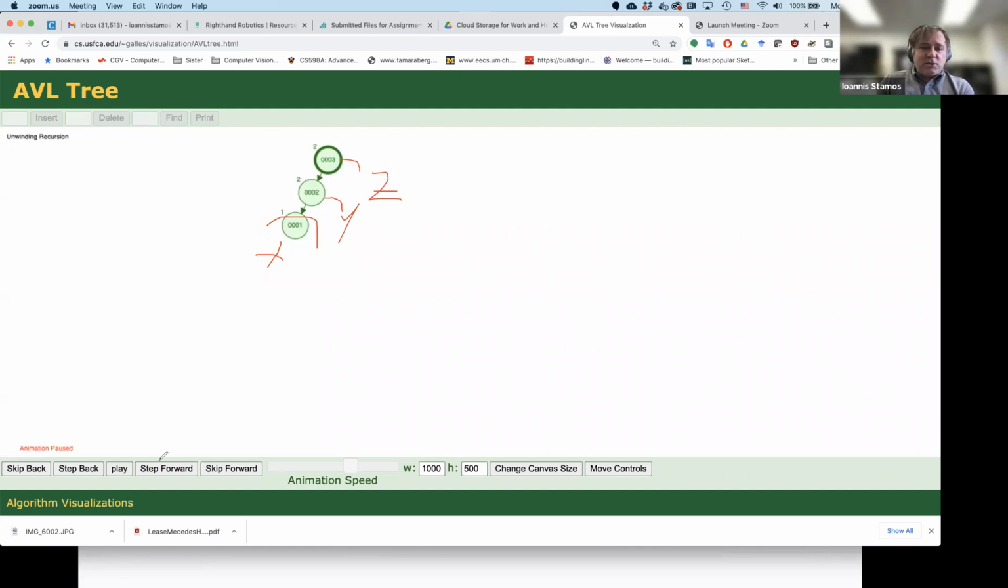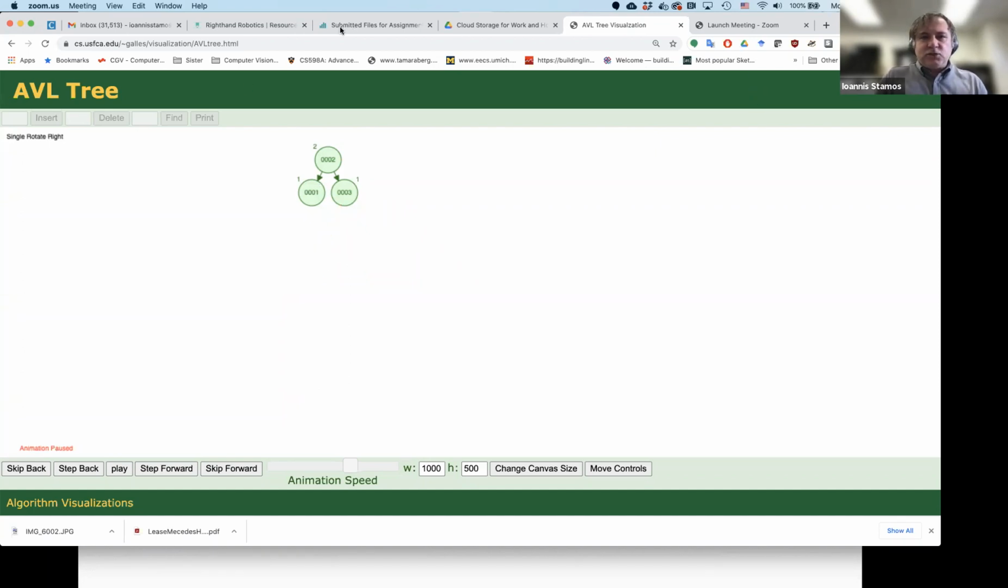So you do a single rotation the way we know how to do it. As you see here, this is the X, this is the Y, and Z went under here. If you look at the slides about how the rotations happen, Y and Z are empty, this was the X, and this is what happened.